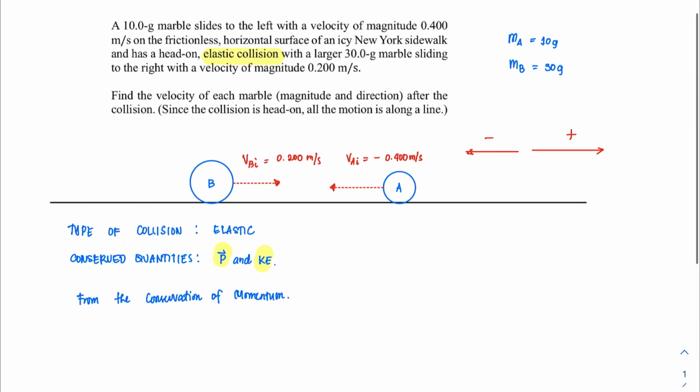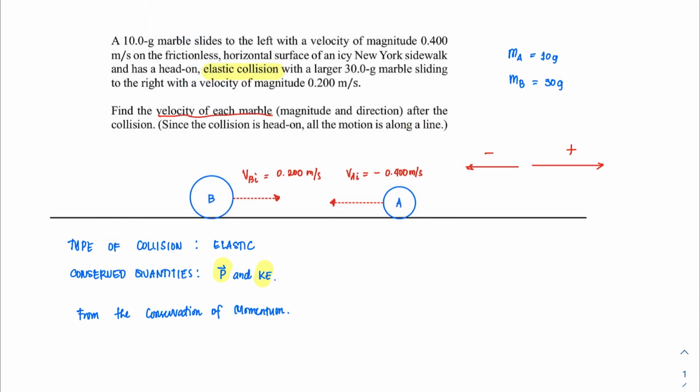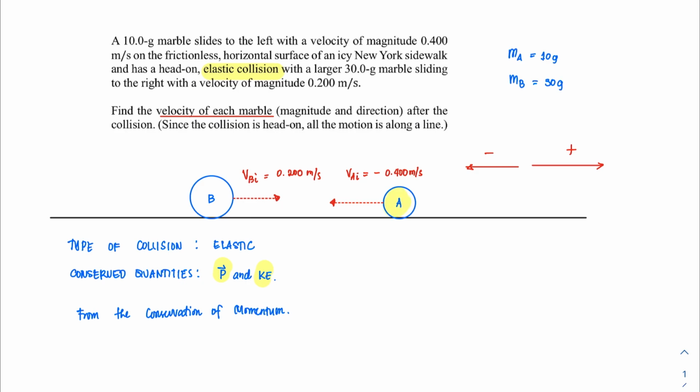By the way, just to be clear, the problem asked us to find the velocity of each marble after the collision. So that means after this collision, where do marble A and marble B go, and how fast are they moving? That is what we are looking for.